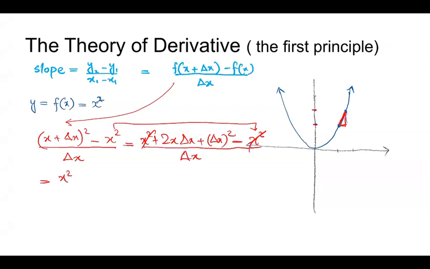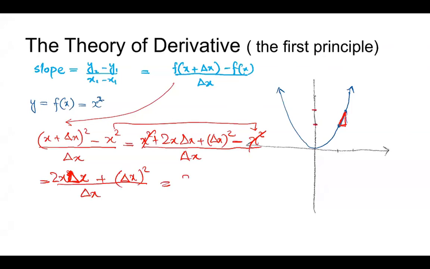So I'm simply left with 2x delta x plus delta x squared over delta x. Since we are dividing by delta x, and we have 2 terms on the numerator, we can split them.